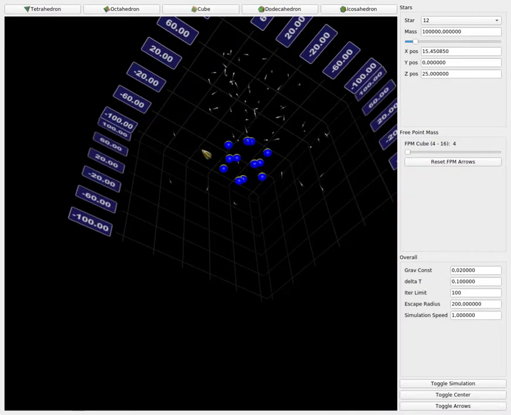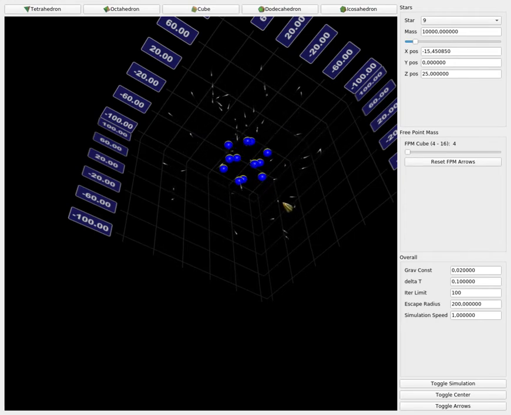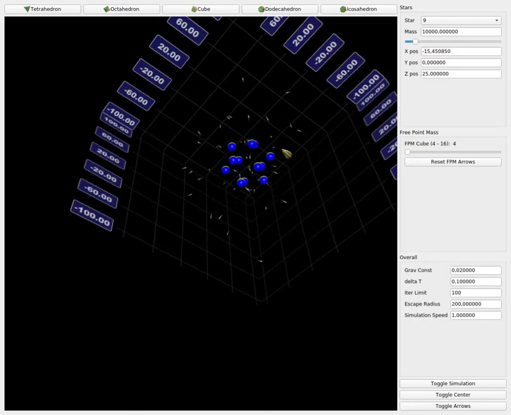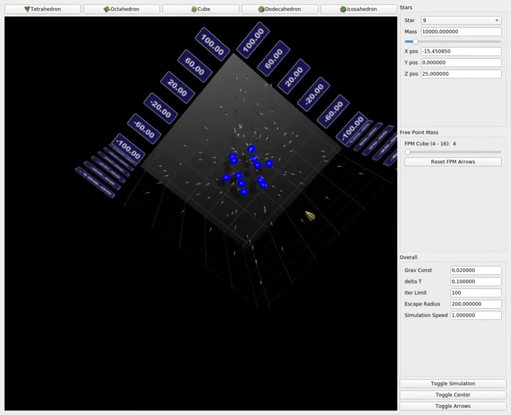And now you notice distributions, and star 12, that has a higher mass. So you notice somewhat. Let's do it again. You notice a higher number of FPMs in the area of the higher mass star, but it shifts.